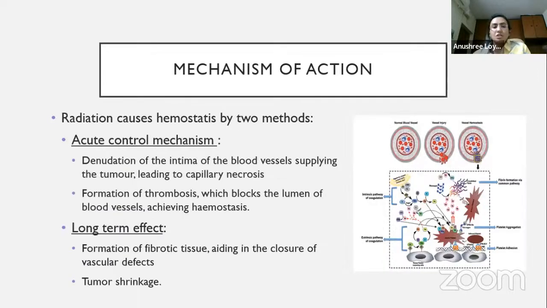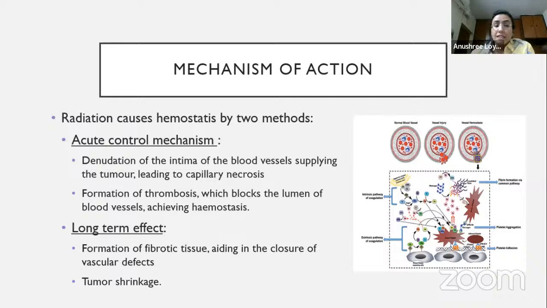So how does radiation act? Radiation has 2 mechanisms. One is acute and the other is late effect. In the acute effect, radiation damages the intimal cells of the capillaries. And we know once the intima is damaged, it activates the intrinsic pathway of coagulation. It leads to formation of a thrombus, and this thrombus then blocks the lumen of the blood vessel.